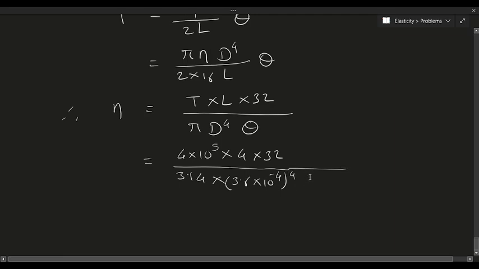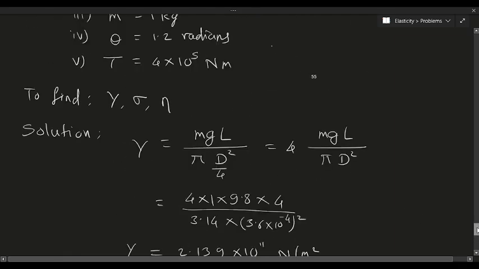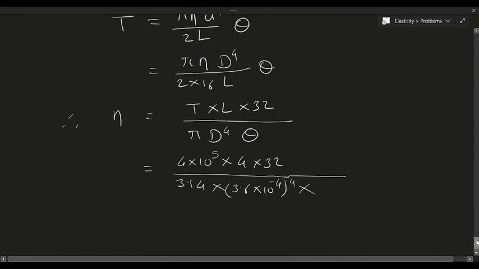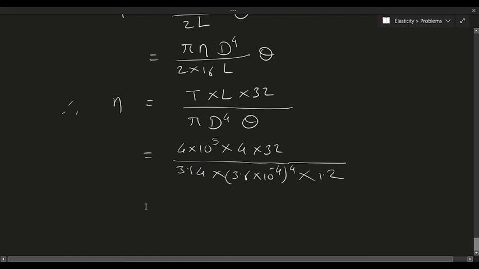And the twisting produced is 1.2 radian. Angle must be in radian. On calculation, we get shear modulus equal to 0.8083 into 10 raised to 11 Newton per meter square.